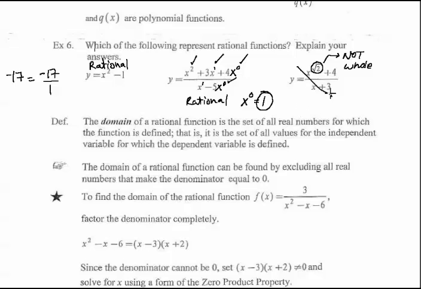So this function, just this one little part, nothing's wrong with the x plus 3, it's a polynomial, but this square root of 2 rules this out on the top as far as being a polynomial. So as a whole, this is not a rational function. Not rational.